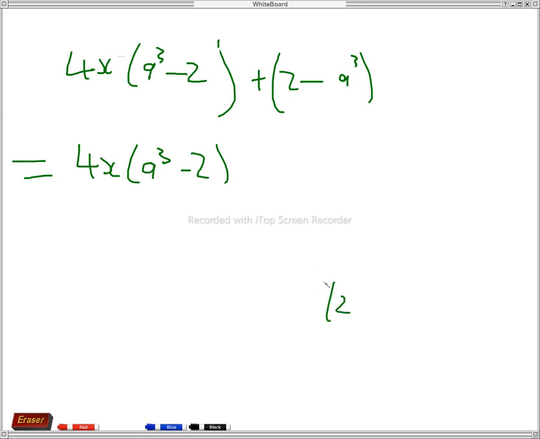2 minus a cube. So let's multiply this by a negative.